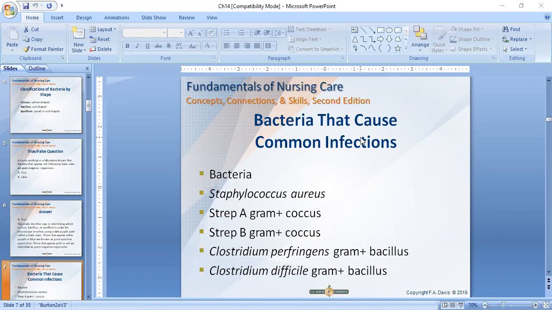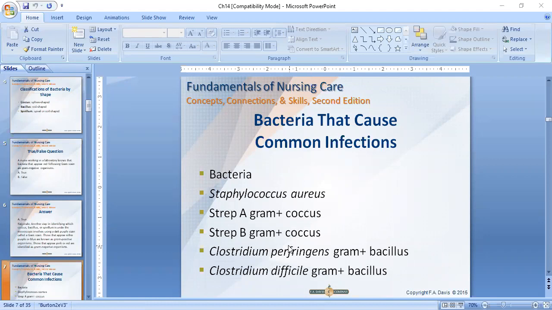So as an example, I give an example here. Clostridium perfringens or difficile, they need contact precautions. The NCLEX board sometimes asks, Clostridium difficile, what type of precaution or disease is it? Contact precautions we need.